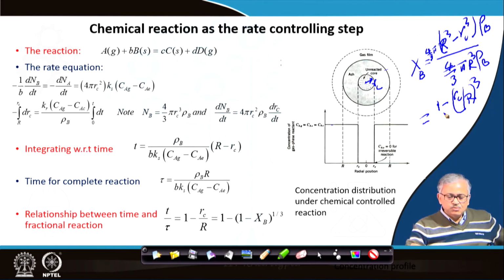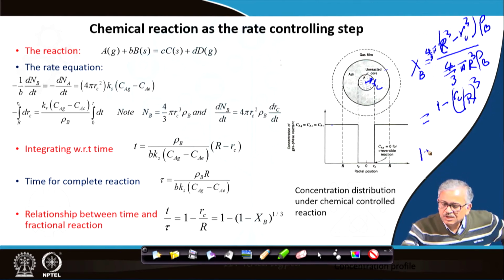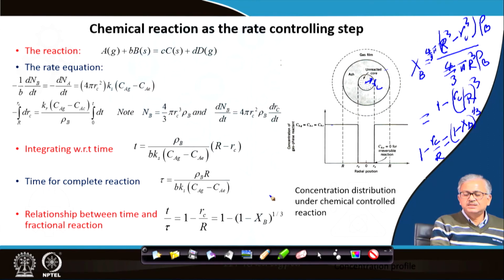So, 1 minus RC by R is basically 1 minus XB to the power 1/3. That is the relation that you get.